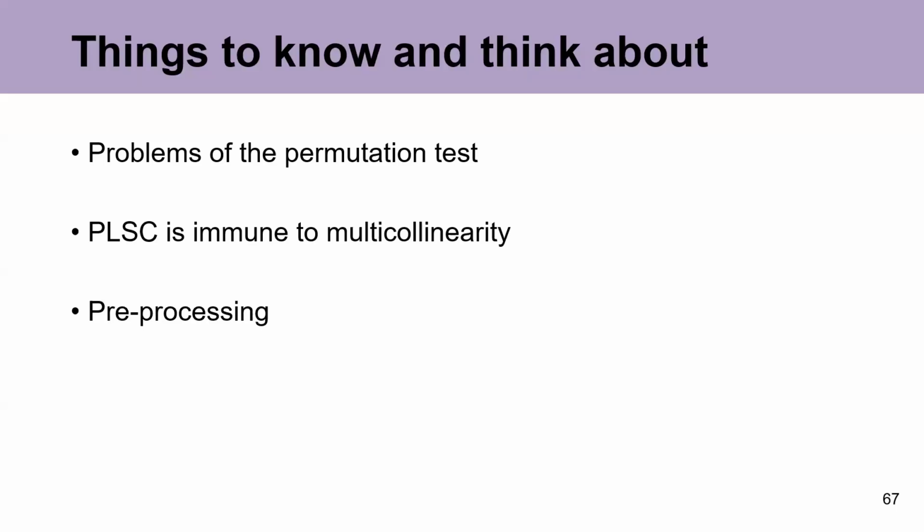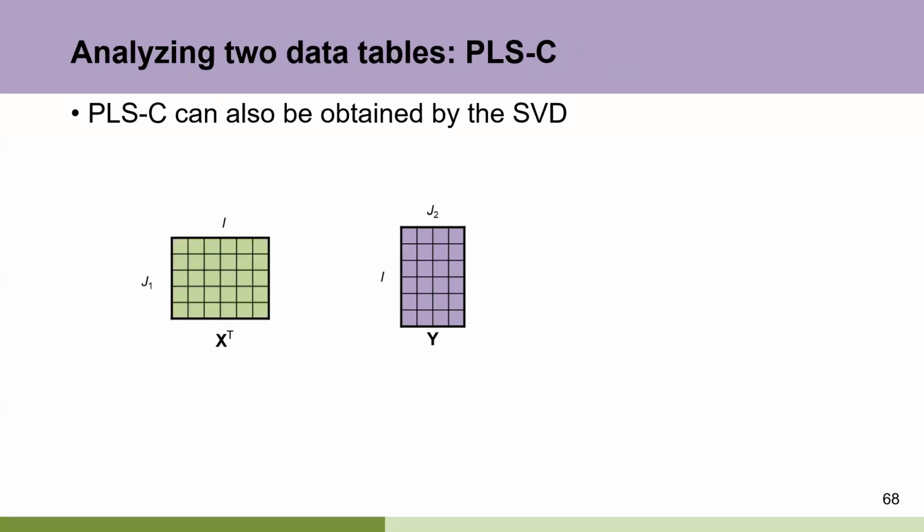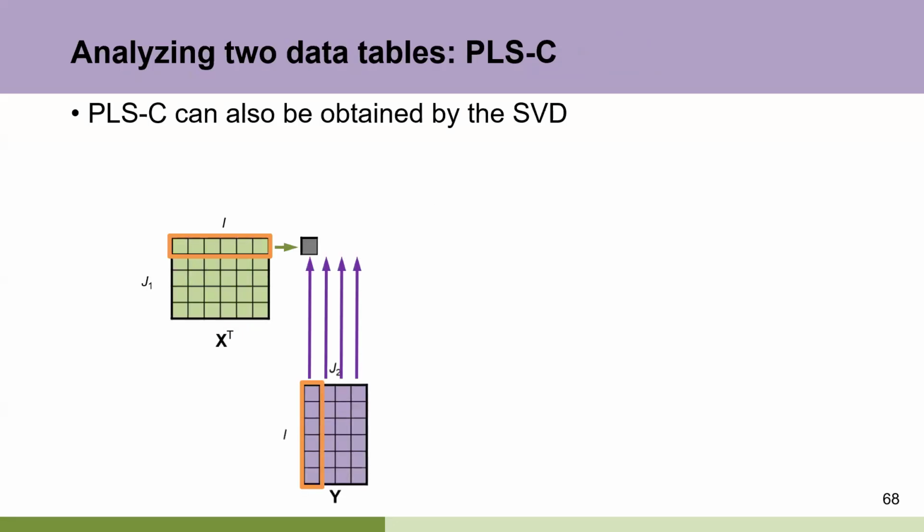The other thing is preprocessing. By preprocessing, I mean how you normalize the data before you put it into PLS. That goes back to Hassan, your question earlier. That is because in PLS, we're decomposing, remember this matrix? In SVD, this is the correlation matrix. It's the correlation when you standardize the variables of the tables.